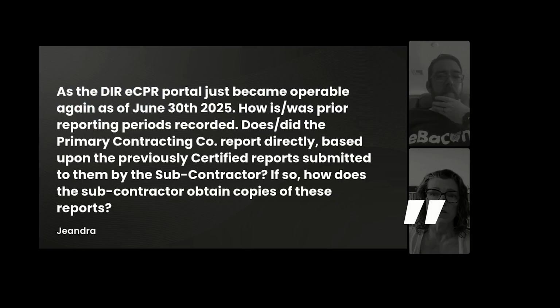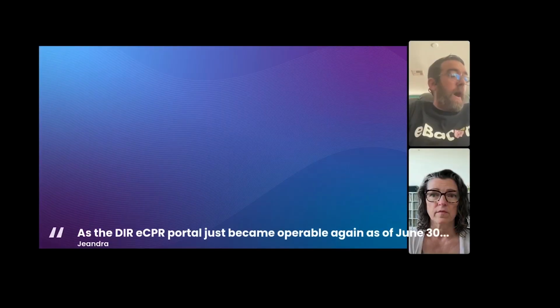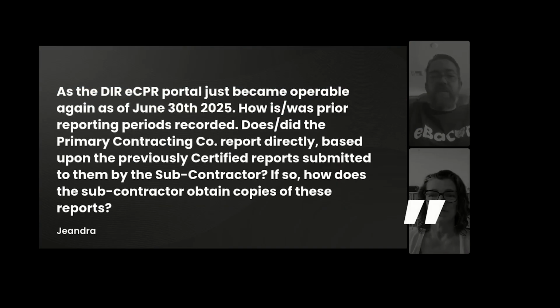And this is from Giandra. So that is a rough question. And again, the DIR, you're right, just became operable again June 30th. They have not started or required a prior period, and there's still a search option issue that is not allowing us to go back and look at historical ones. What most contractors have been doing is just maintaining a copy of the paper report on the A131 for the time period that the website was down.